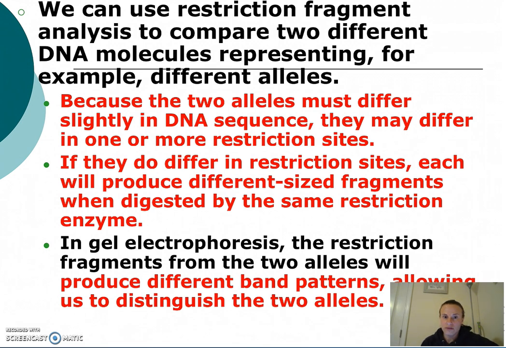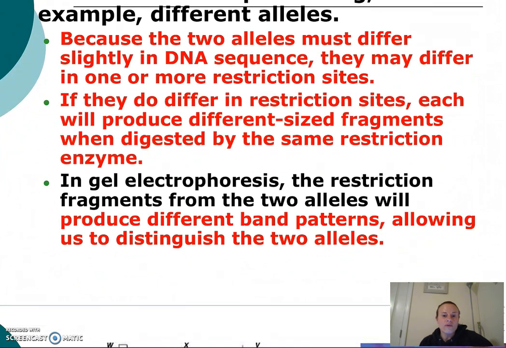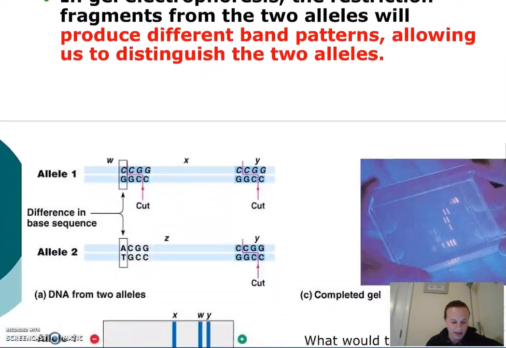If they differ in their restriction sites, then each allele is going to produce a different sized fragment when cut by the same restriction enzyme. And then it's going to produce a different banding pattern, which allows us to distinguish the two alleles. So let me show you what I mean.